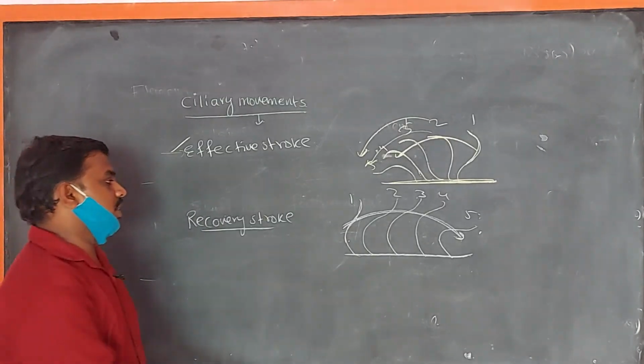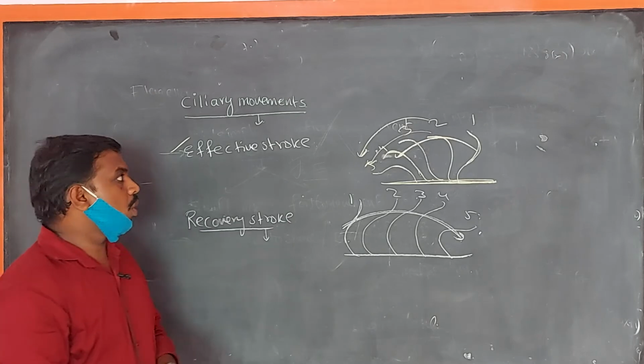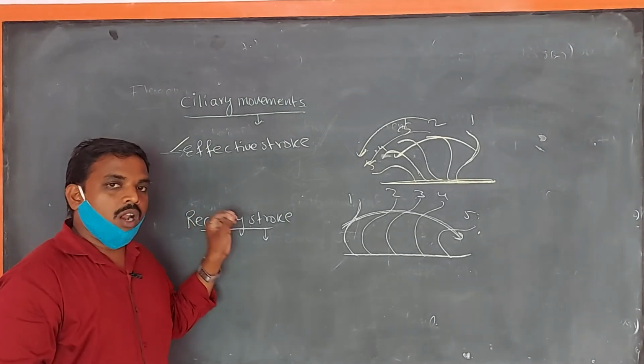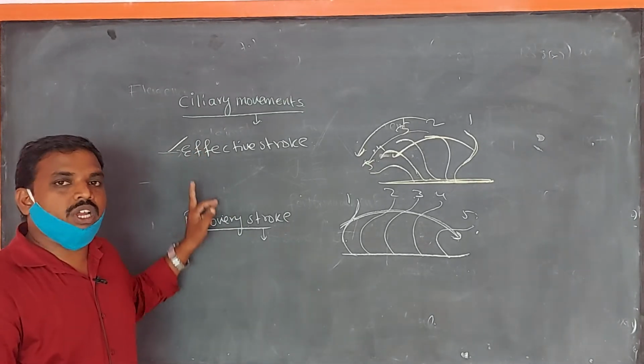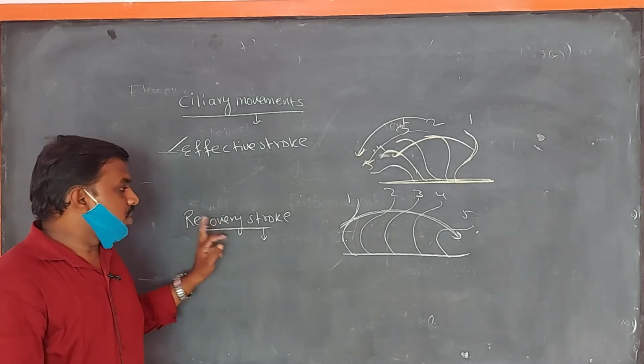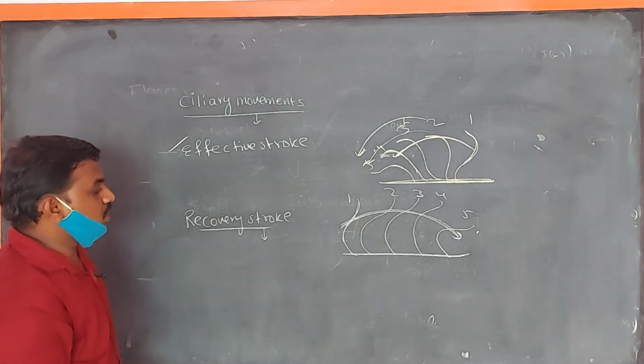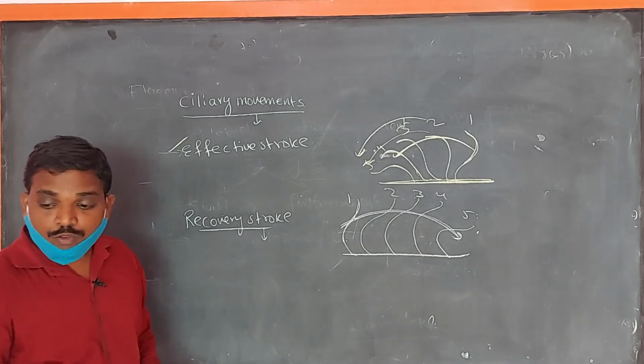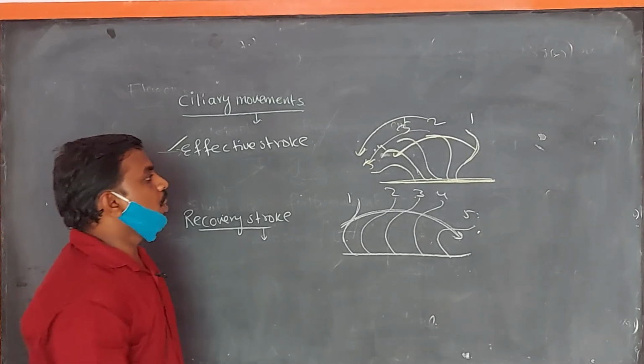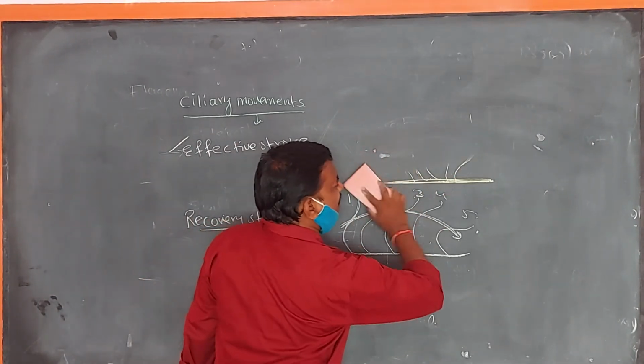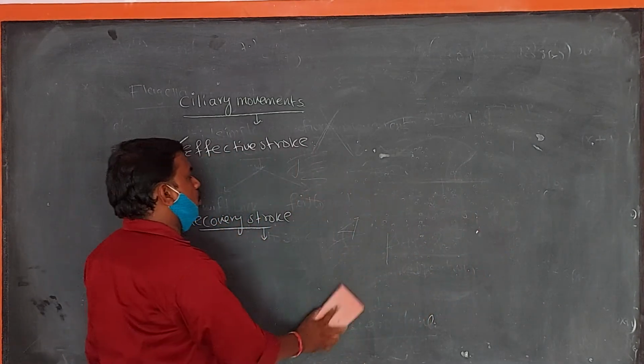So the cilia exhibit the effective and recovery strokes. The cilia show two types of movements: one is the synchronous movement and the second one is the metachronous movement.